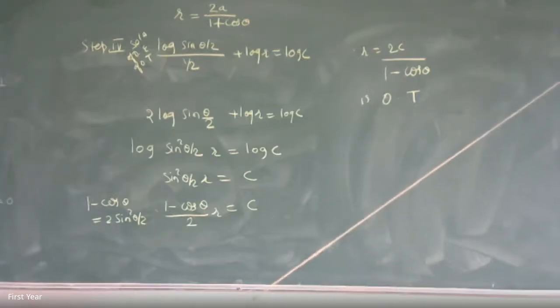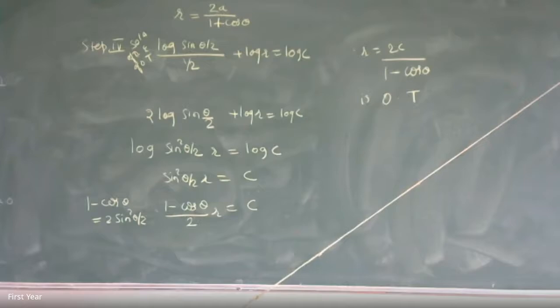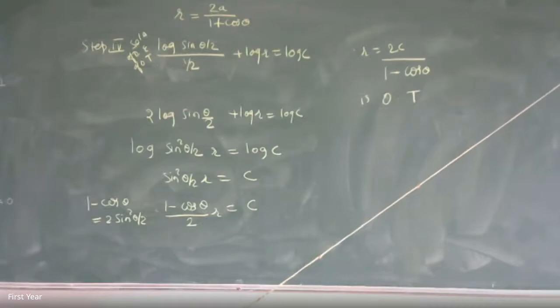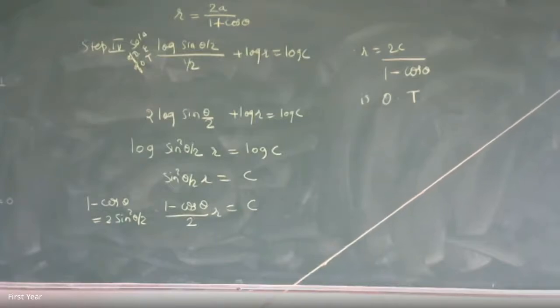By the method in all the examples that we have solved, we saw r is equal to 2a upon 1 plus cos theta has orthogonal trajectory r is equal to 2c upon 1 minus cos theta. So with the same technique, what will be the orthogonal trajectory of r is equal to a into 1 minus cos theta?